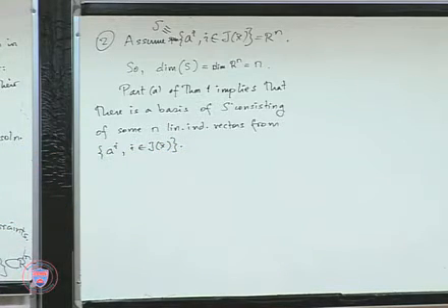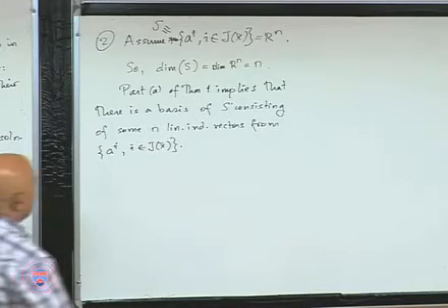So basis always has linearly independent vectors, so this part is also proved.